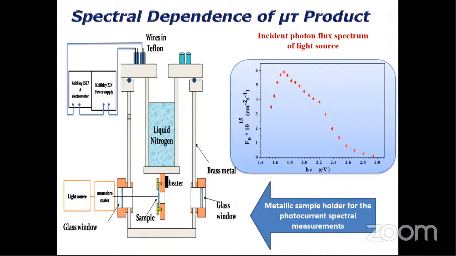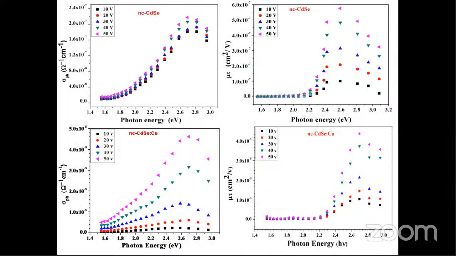Okay, and then we have used a light source which is passed through a monochromator, and on the other side we have a spectrophotometer, and this is the general expected spectra, that is the incident photon flux plus the spectrum of the light source which we are using in that case. Then these are some of the data which we have obtained through this experiment, okay, for the mu and tau.